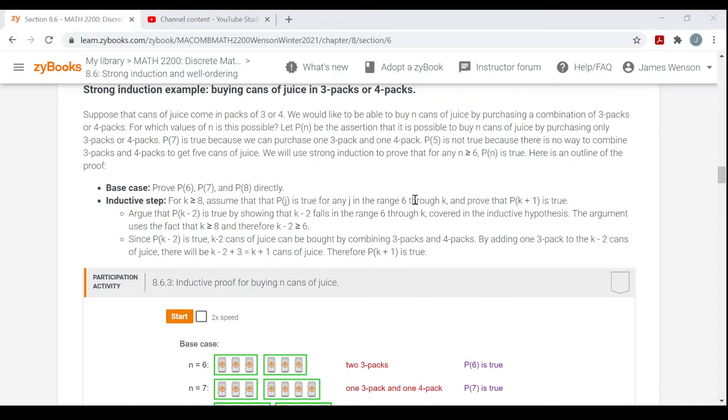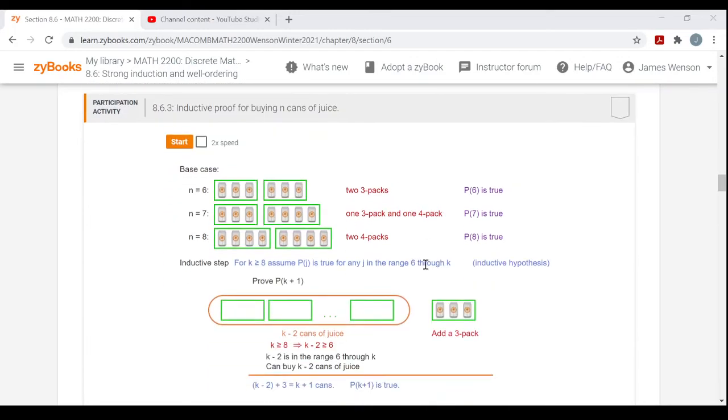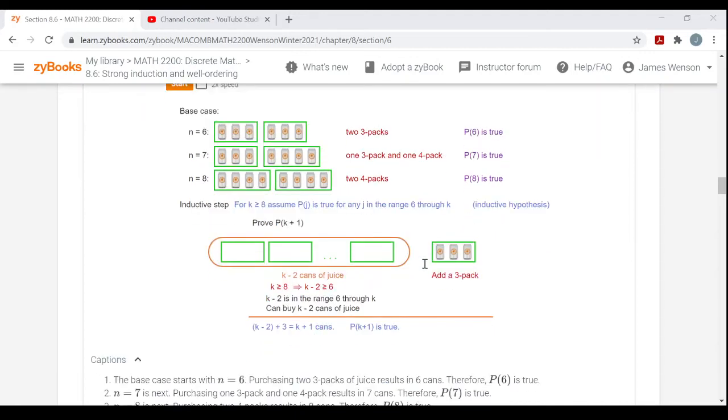It falls from 6 to k. That's the induction hypothesis. And then you just add a 3-pack. Right? Since you can buy k minus 2 cans, you add a 3-pack, you can buy k plus 1 cans, so P of k plus 1 is true. They do a little animation here as well. I ask you to watch this animation.